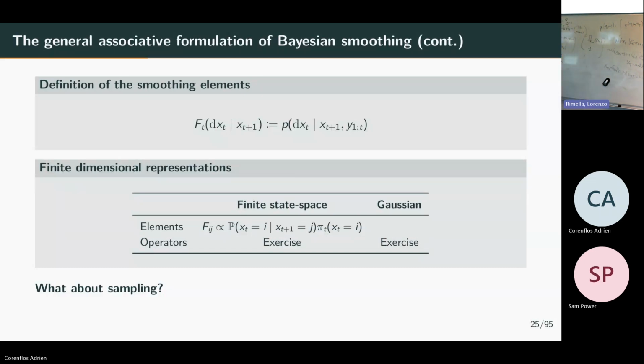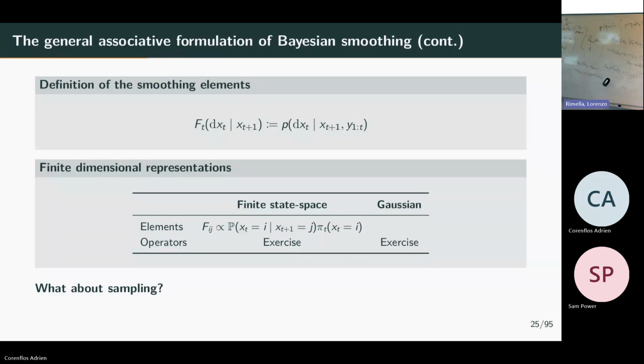In the Gaussian case, it's just that P of s t plus 1 given s t is proportional to x t plus 1 given x t, and then P of x t, so the filtering distribution is here.